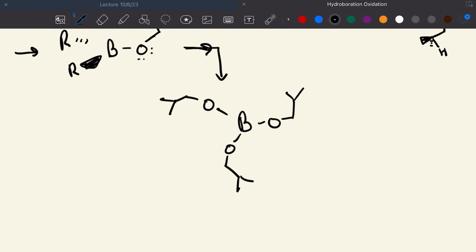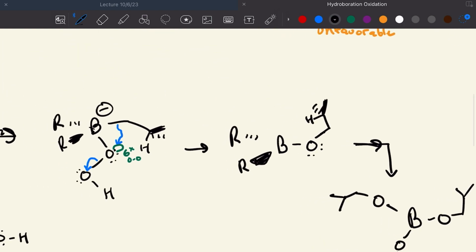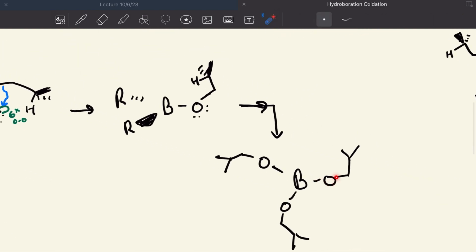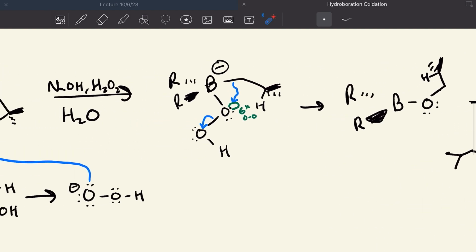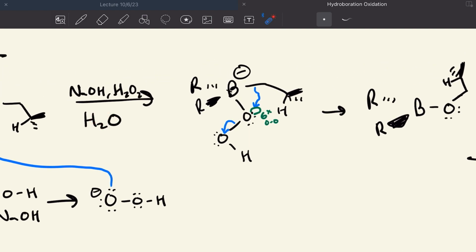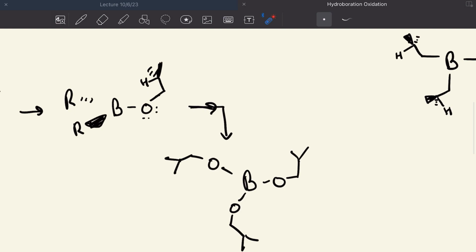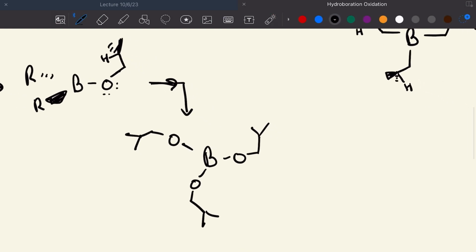So the next thing that happens to form the final product is, you see we have water over here, so water is going to play a role in separating these alkyl groups from this boron.